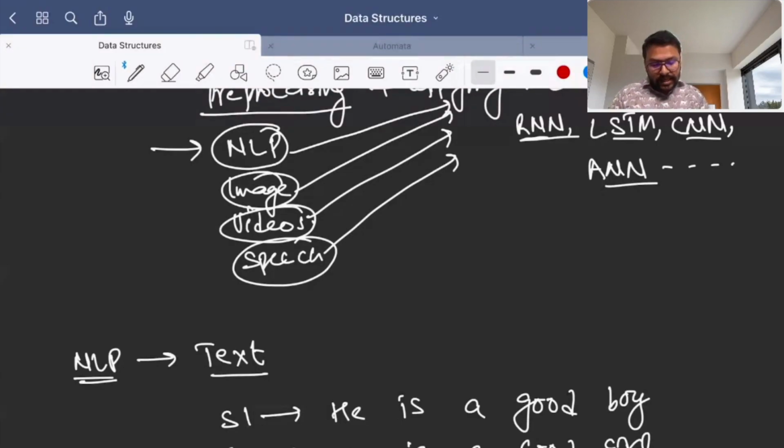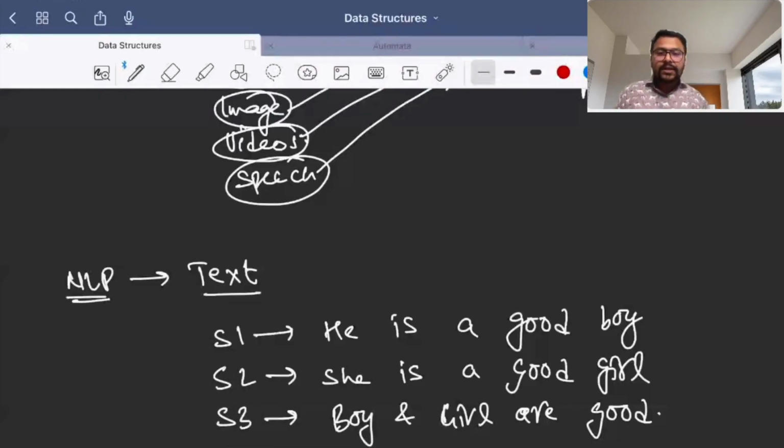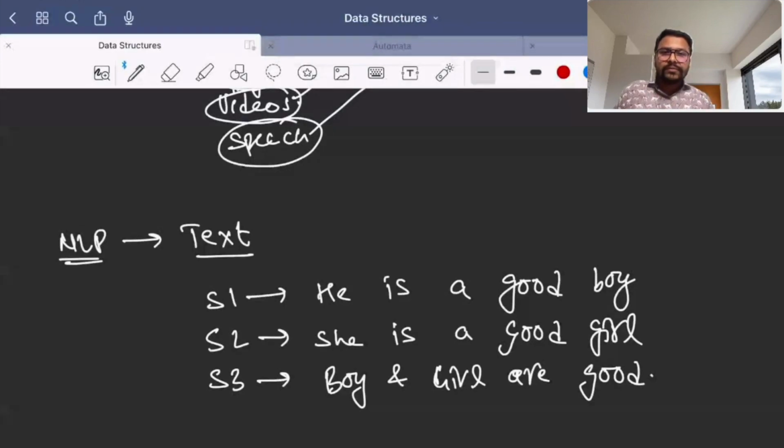The third sentence says that boy and girl are good. So we have three sentences. You can understand we can have n number of sentences and each sentence can have n number of words. This is our data set in the form of text. Clearly, we cannot apply any kind of machine learning model to these sentences directly, since we cannot do any mathematical operations on them. So first we have to convert these sentences or this data set into vectors.